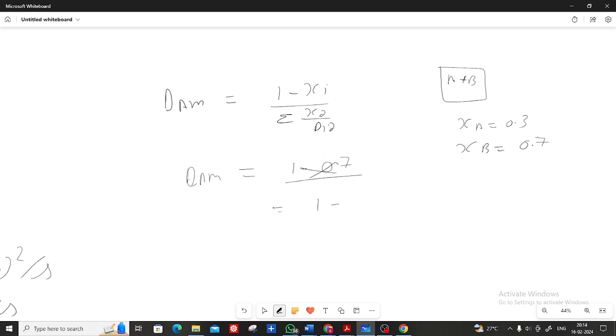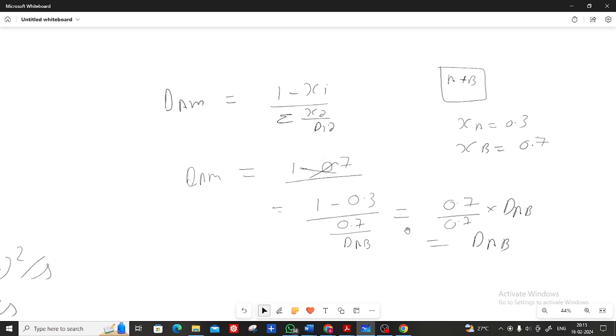It will be 1 minus 0.3, upon the mole fraction of the only other species, which is 0.7, divided by the diffusivity DAB, the diffusion coefficient of A in B. So 0.7 upon 0.7 times the diffusion coefficient of A in B, it will come to the diffusion coefficient of A in B.